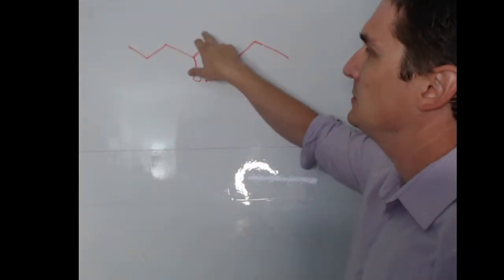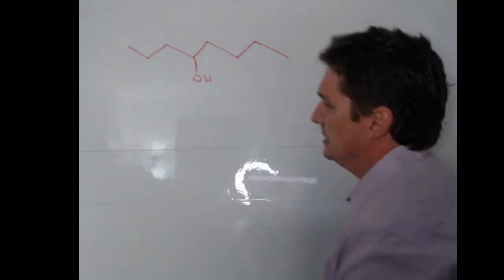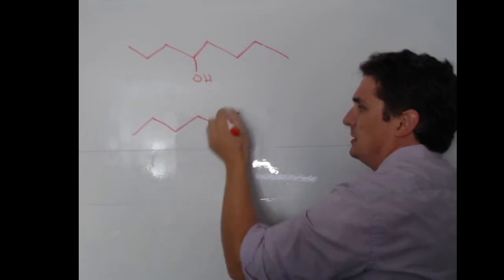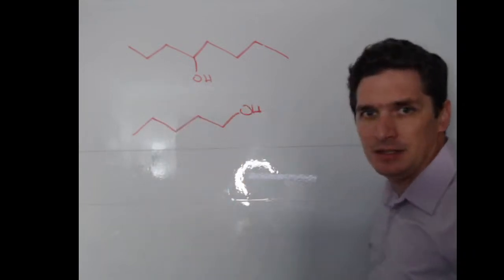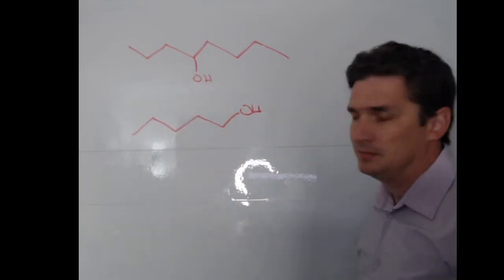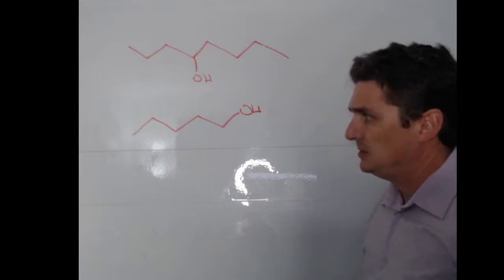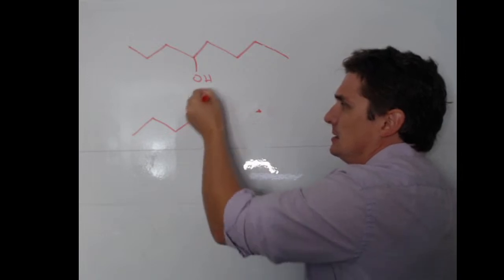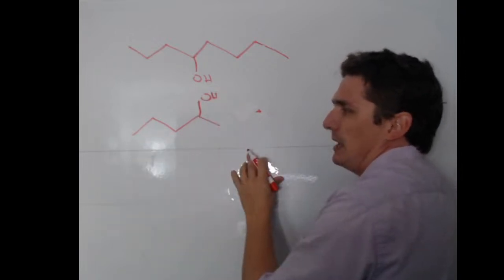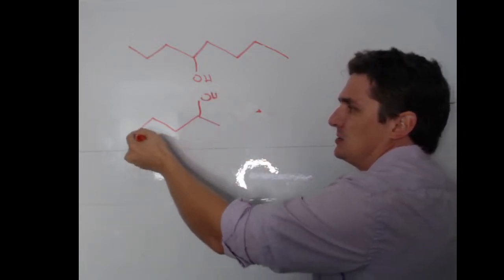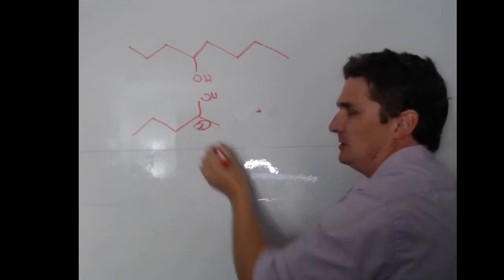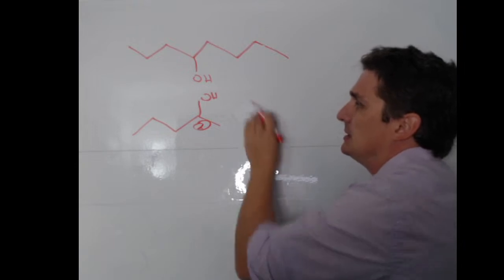If you say heptanol, you kind of ignored this ethyl chain. That is heptanol. And then 4-heptanol doesn't actually make sense, because you're trying to minimize the numbering on the alcohol. So 4-heptanol is actually 2-heptanol, just numbered from the wrong end.